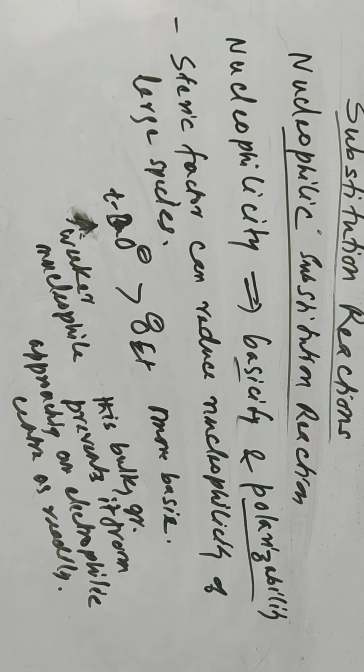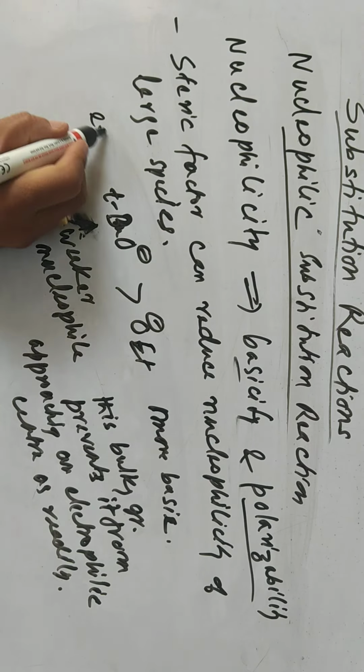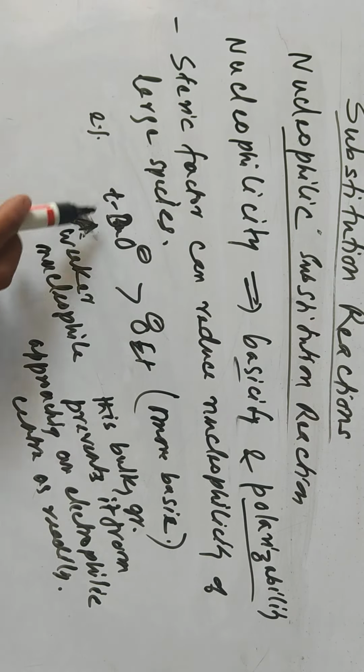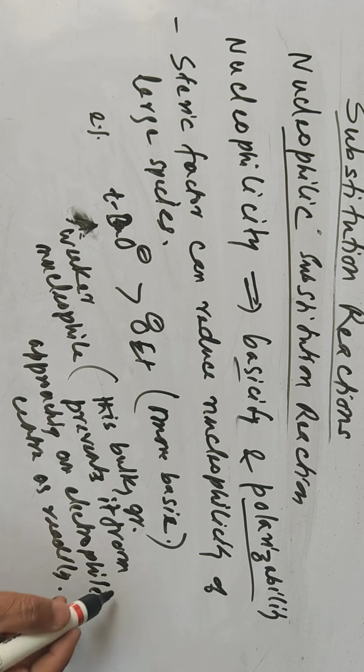The bulkier it is, the more nucleophilicity decreases. For example, tert-butoxide is more basic than ethoxide, but due to its bulkier groups, it is a weaker nucleophile, because it cannot attack the electrophilic center very easily due to the steric hindrance of the nucleophile. These are the factors we are mostly discussing.